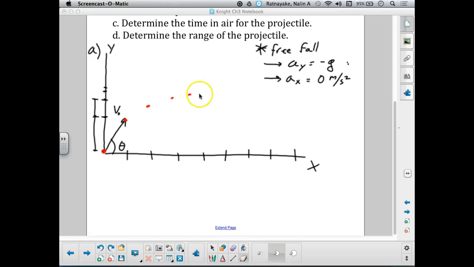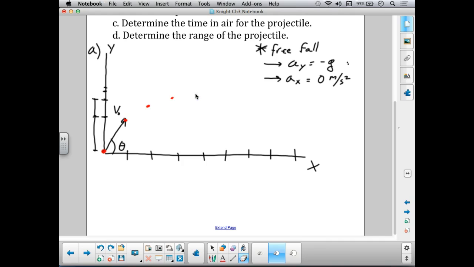Oops, and let me actually correct that dot. Should be up here, and then it's going to come straight back down at the same height each time. Okay. Hitting the ground, back down over here.